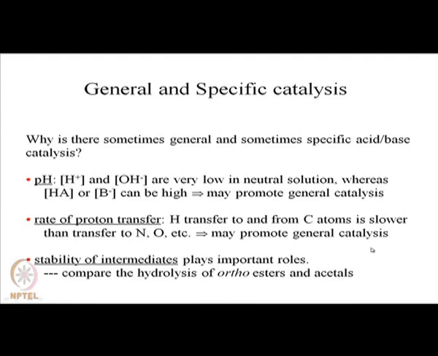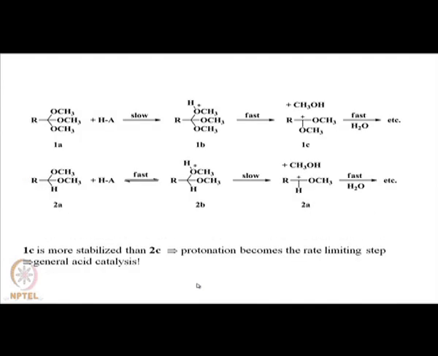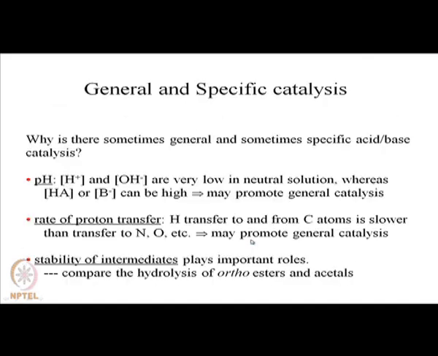Stability of intermediates plays important roles. As for example, compare the hydrolysis of orthoesters and acetals. This is the example where you see acetal and orthoester. So, the stability of the intermediate plays a very important role.